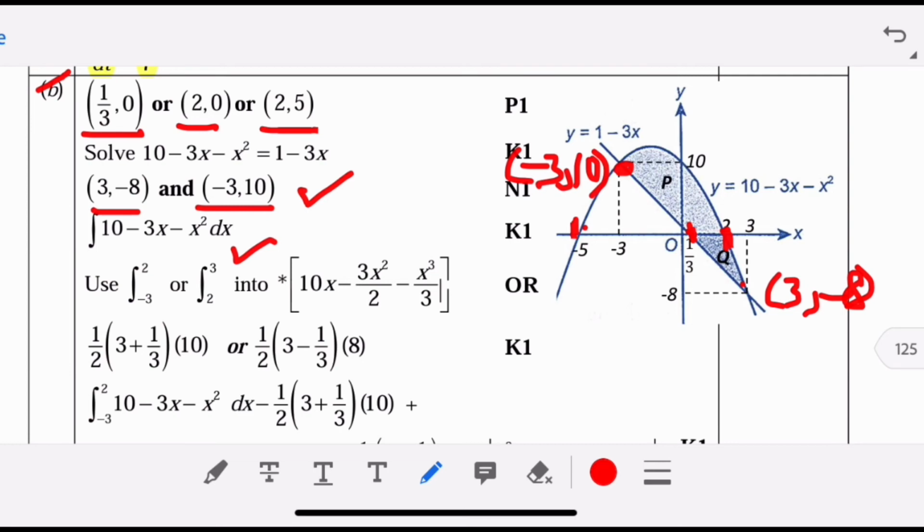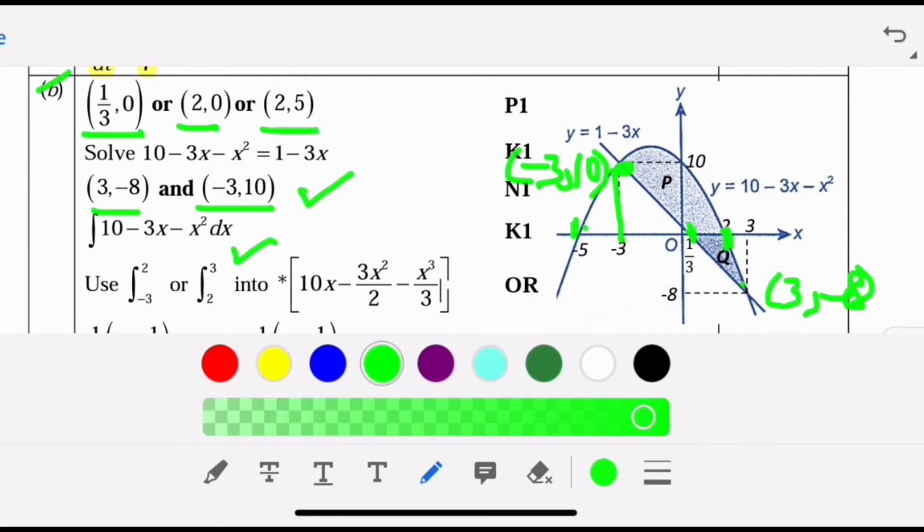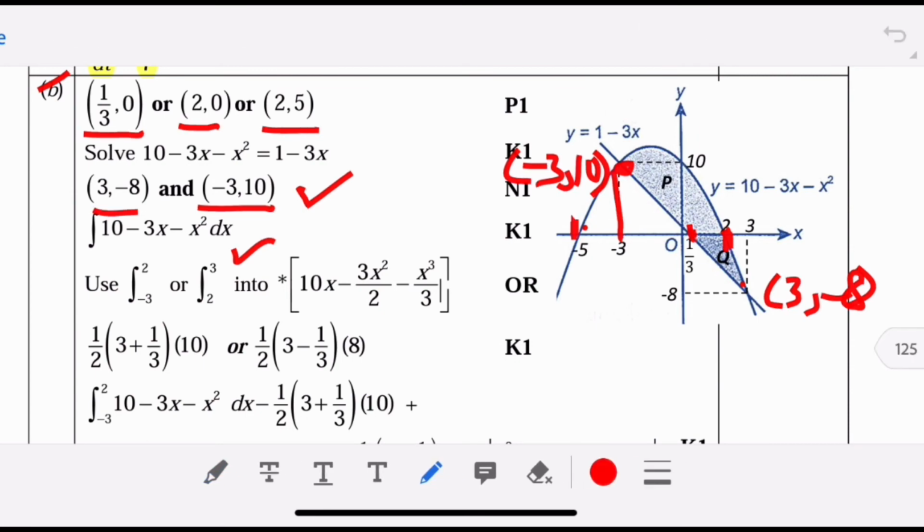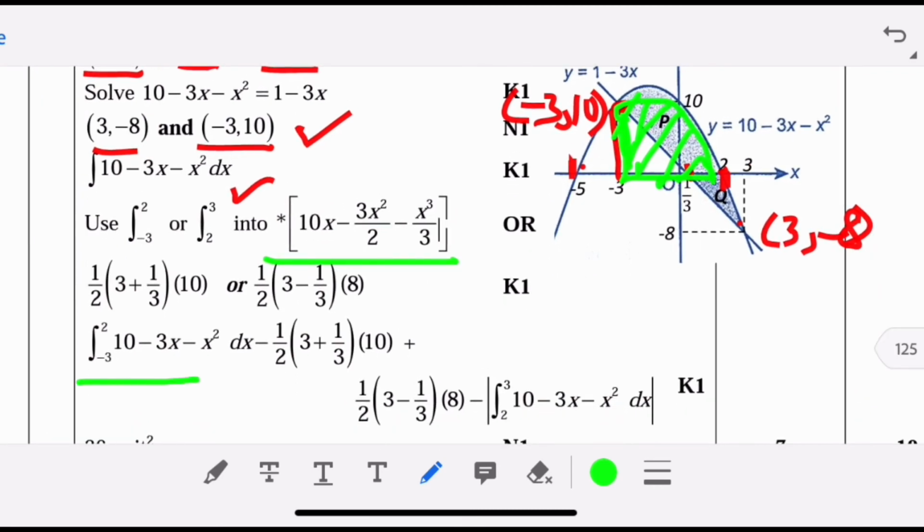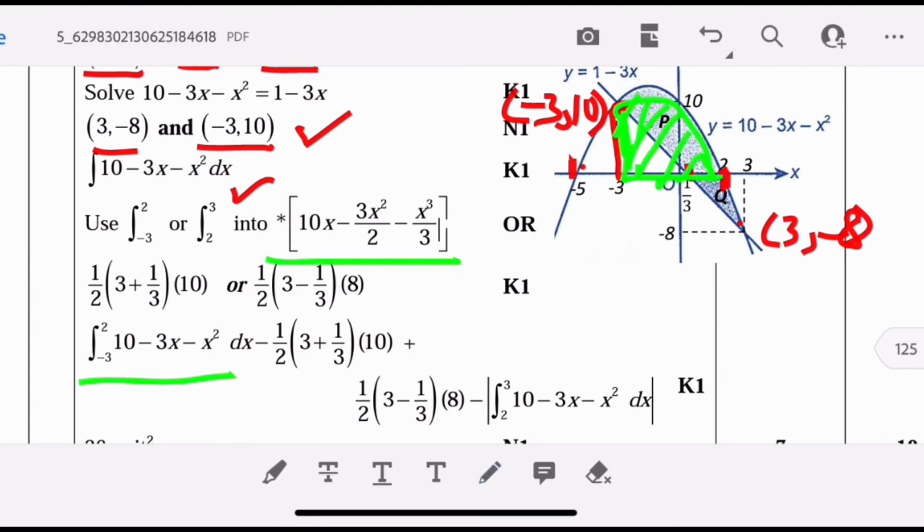When you integrate from -3 to 2, you will get the area under the curve. -3 to 2 here is the area under the curve, and you minus out the triangle.